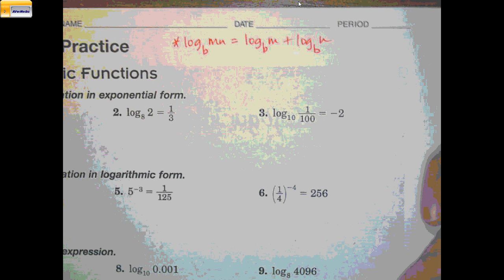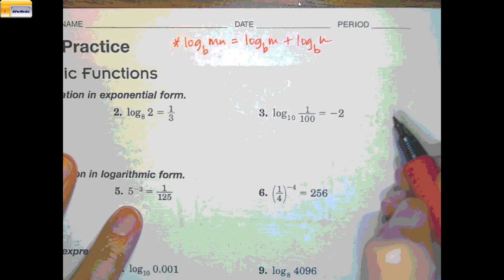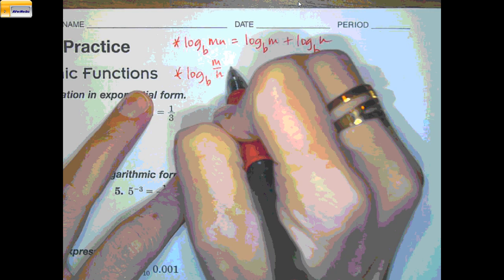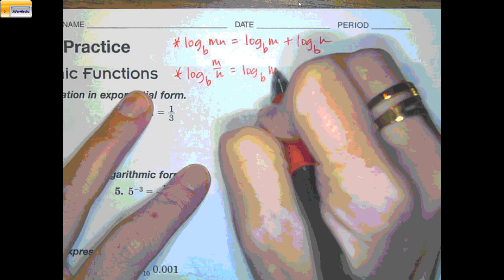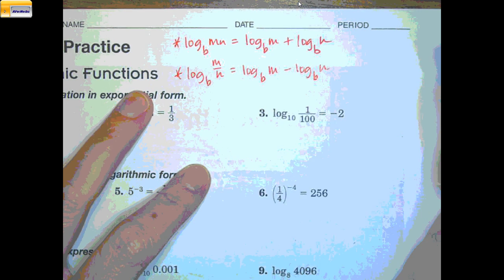That means shrink, make it smaller. So it might give you the right-hand side, and you have to come up with the left-hand side. Notice the bases match all the way across. So if I have log base b of m divided by n, it's going to be the same as log base b of m, what? Minus log base b of n. Good job.